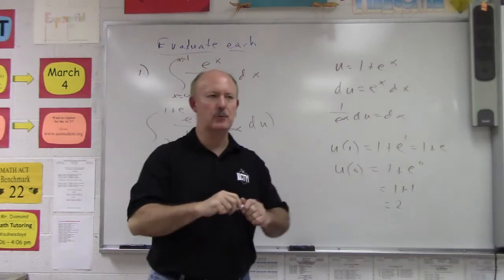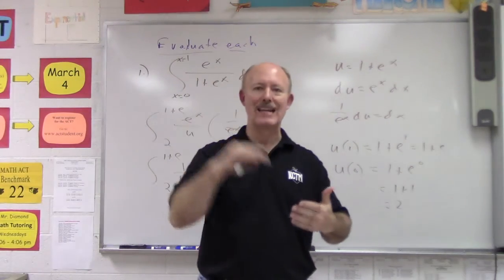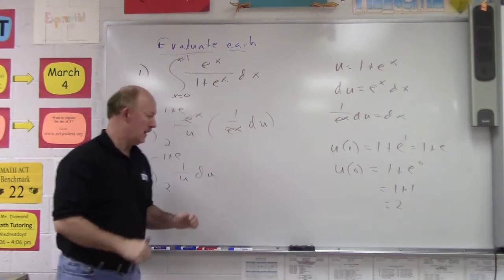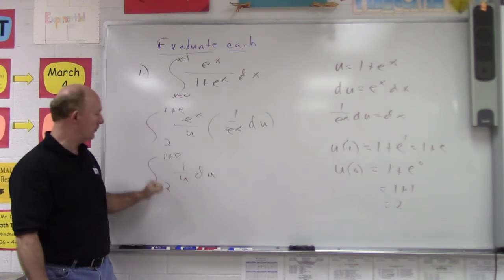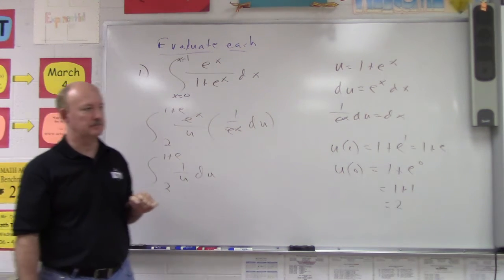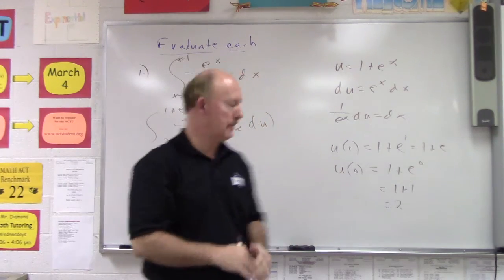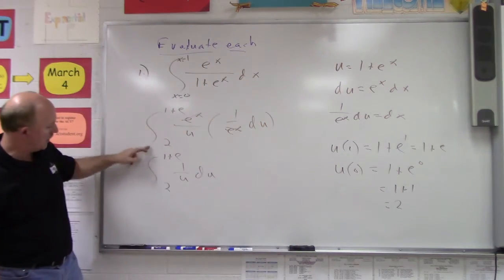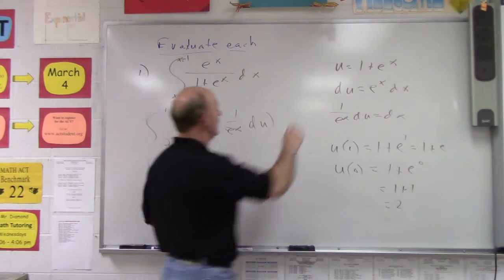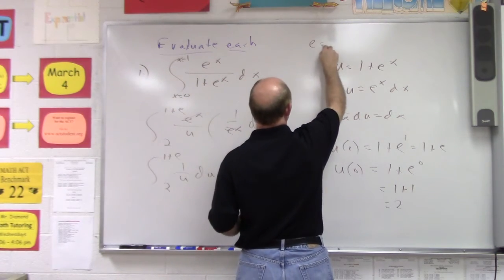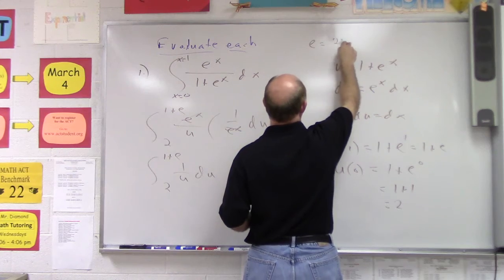A lot of times when we change the upper and lower bounds, the lower limit will be smaller than the upper limit. So do I need to switch the upper and lower limits here? Do I need to move the 2 up here and the 1 plus e to the bottom? Now remember, e is approximately 2.7.